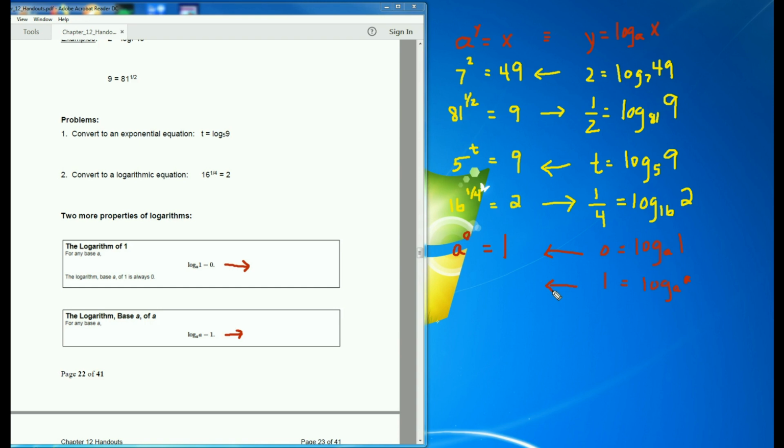And if we convert that to an exponential equation, the base of the logarithm is A, so that's the same as the base of the exponent. So we've got A to the y, which in this case is 1, is equal to x, which in this case is A. So all that's saying is A to the 1 equals A, which we also know to be true, because any number raised to the power of 1 is itself.